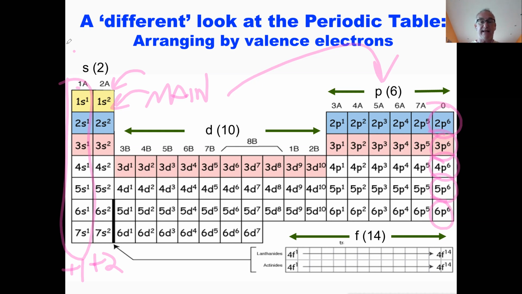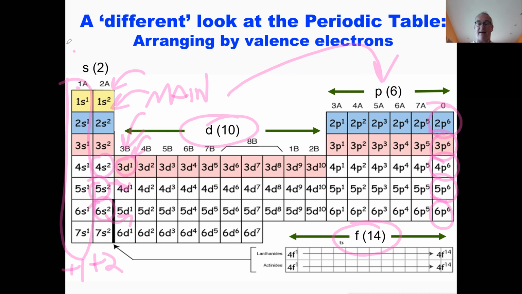When we get to the D and the F, we can see that their outermost electrons are in D, and remember the S as well. So the outermost electrons for here are 4s2 plus this one, 5s2 plus this one. So they have more valence electrons.